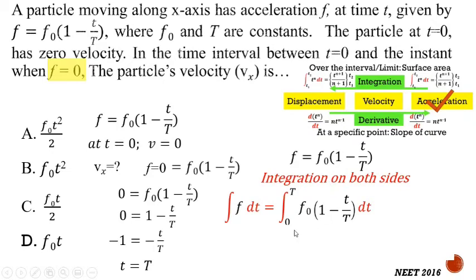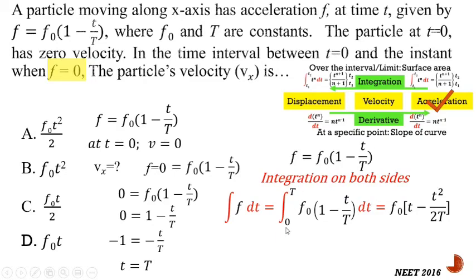In integration, what we do? We increase the power and divide by power. Here integration of 1 will be t, and by increasing the power of t, it becomes t square, and dividing by power, it becomes t square by 2. So this is the way you should take the integration.